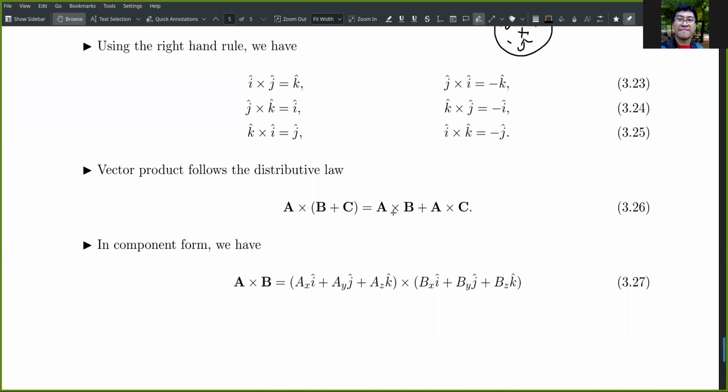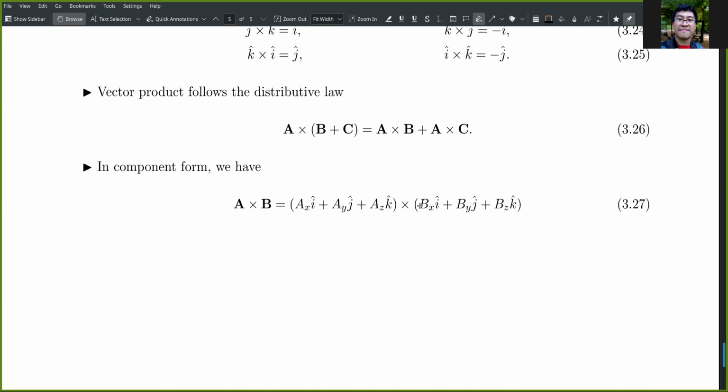The vector product follows the distributive law, so that in component form we can also distribute the unit vectors with components to these components. So if you write A cross B, AXI cross BXI, that's 0, but AXI cross BYJ, that would be AX BYK. AXI cross BZK, that's negative AX BZJ.